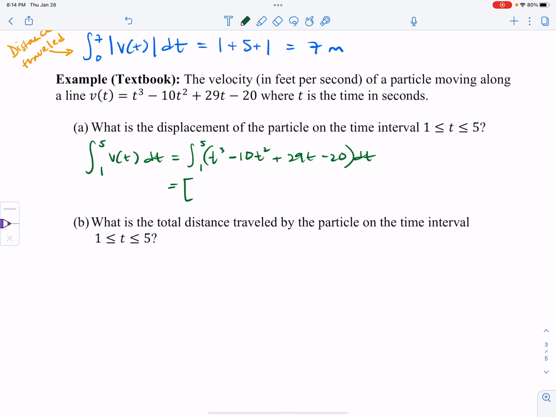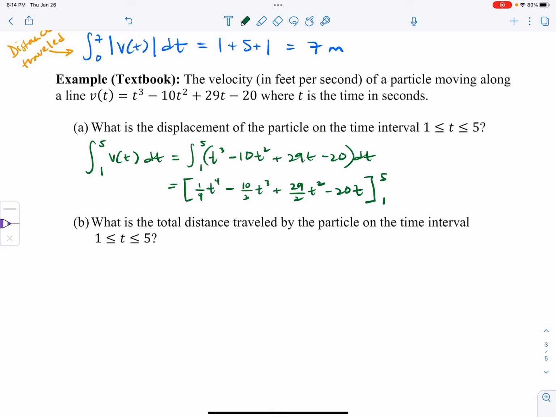Okay, so I should have left more space for that. That's okay. Okay, so from 1 to 5, and then applying fundamental theorem of calculus. Because I'm running out of space, maybe I will just use my calculator here.